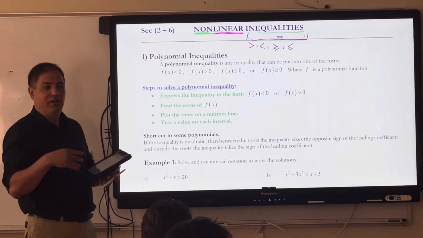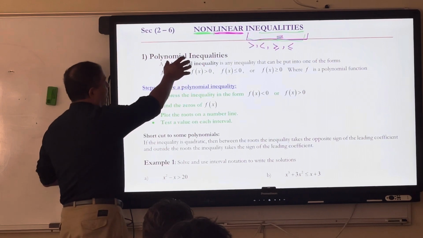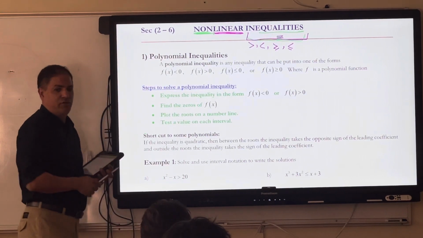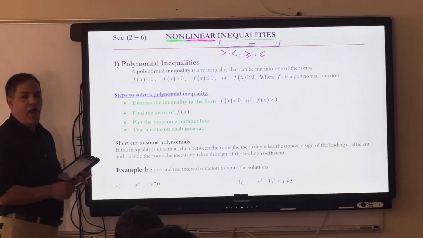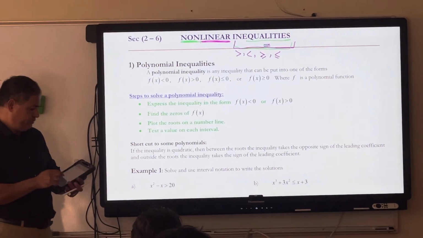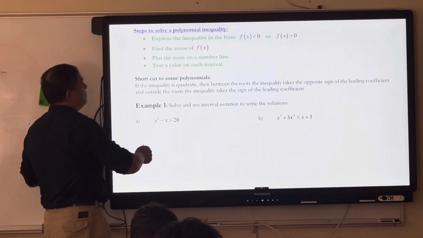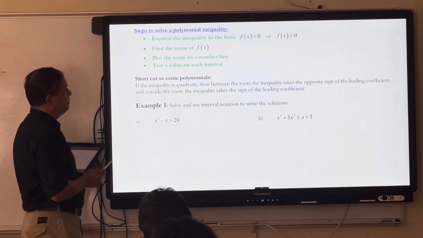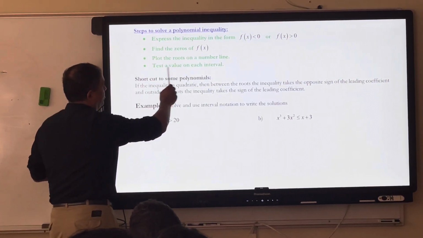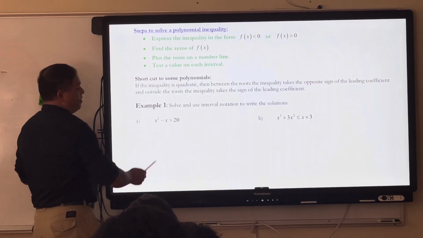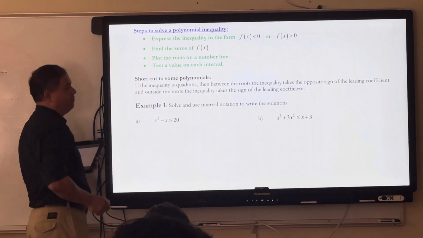These are all nonlinear, but there's one specific type we are addressing today, which is polynomial inequalities. Now, how do we solve an inequality? There are 4 steps to solve any polynomial inequality, and I will explain these steps going over example A.